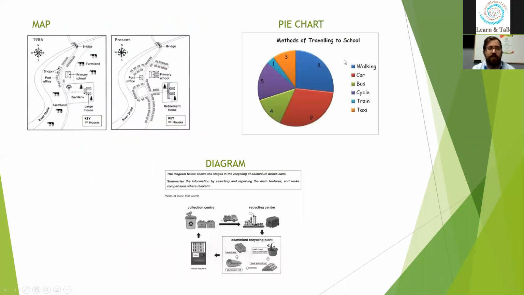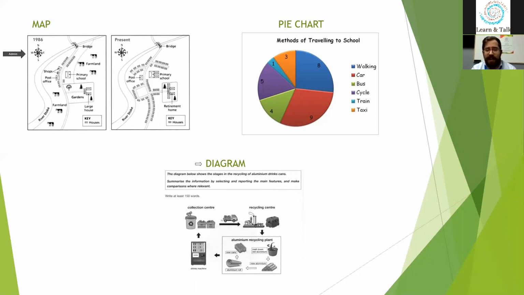Then some will include a map, some might include a pie chart, and some might include diagrams. You should be comfortable with each of these, and of course, we'll have separate individual lessons that go over these in far more detail. Just some basic advice for you, though, is to keep in mind on a map, think of where your north, east, south, and west are. That can be very helpful.